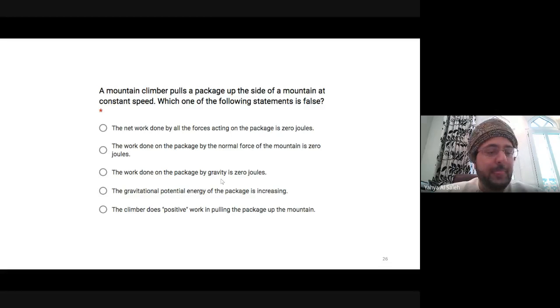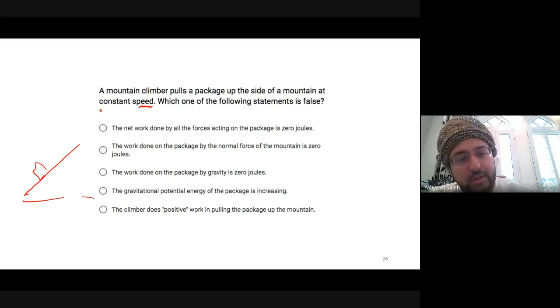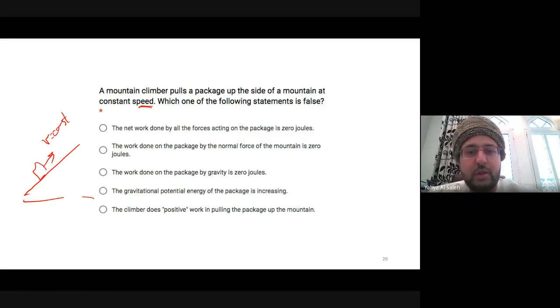A mountain climber pulls a package up the side of a mountain at a constant speed. So you have a mountain, a package is going up, v equals constant. Which one of the following statements is false? The net work done by all the forces acting on the package is 0 joules.